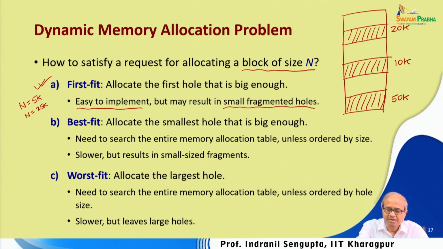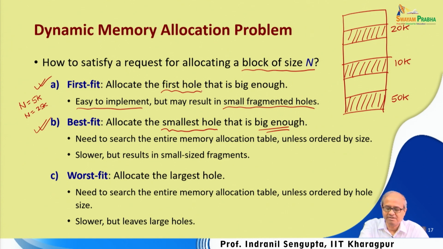Now, the next alternative is something called best fit. You are trying to find out the hole where the request for n bytes fits most accurately. That means, here you are trying to find the smallest hole that is big enough. Earlier you were finding the first hole that is big enough, but now you are finding the smallest hole that is big enough.